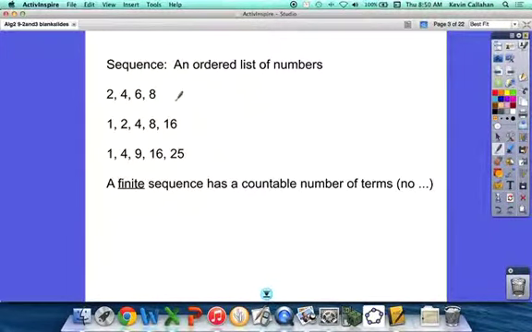That means there's only those 4 terms. So infinite and finite. If it has the dots, it's infinite. If it doesn't have the dots, that's your sequence. It's just those 5 numbers right there.